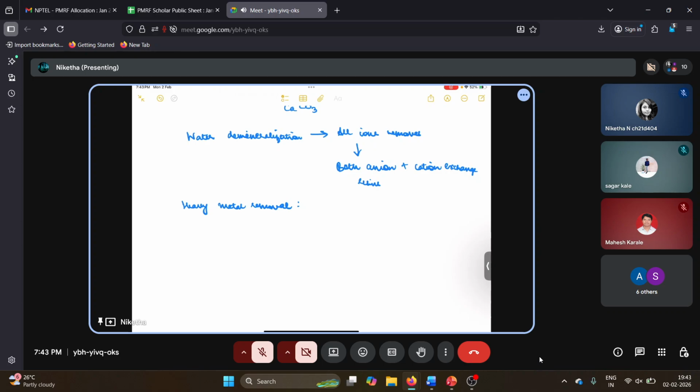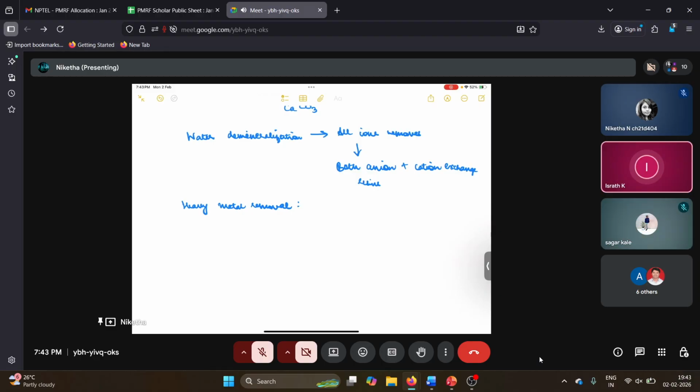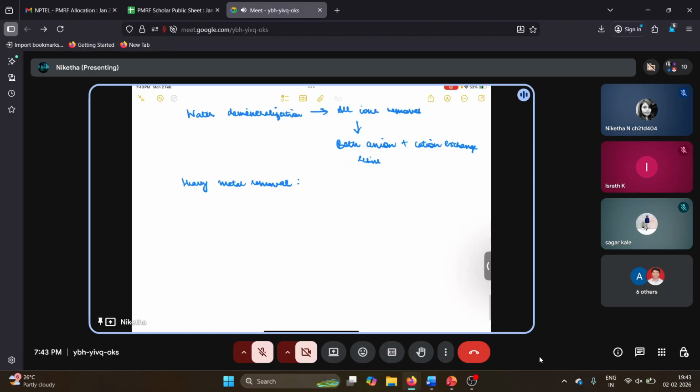What happens if we drink water with heavy metals? Yeah, heavy metals are highly toxic in nature, especially chromium. Chromium, mercury, lead, all of these are carcinogenic.